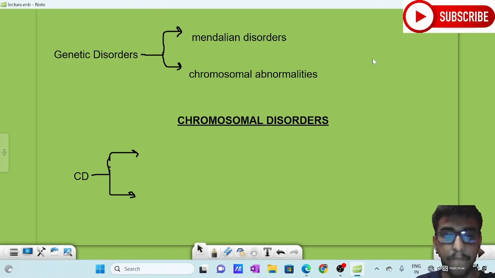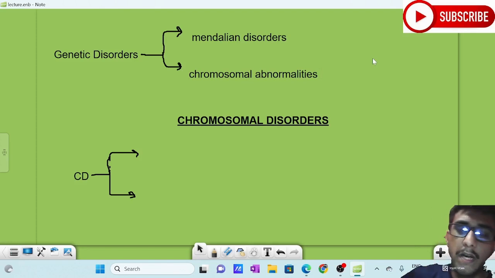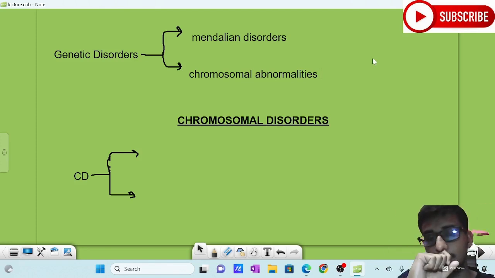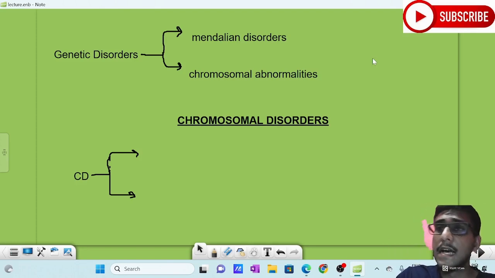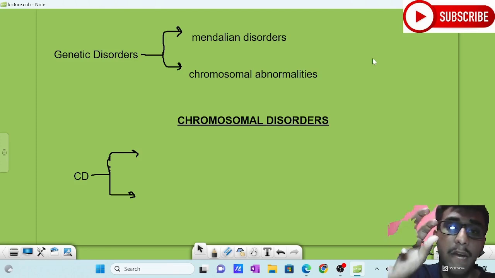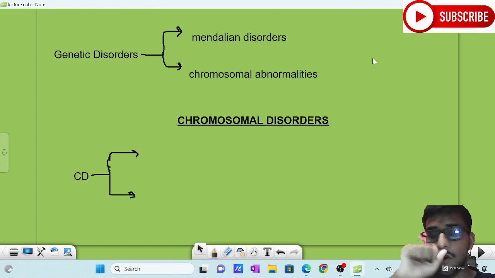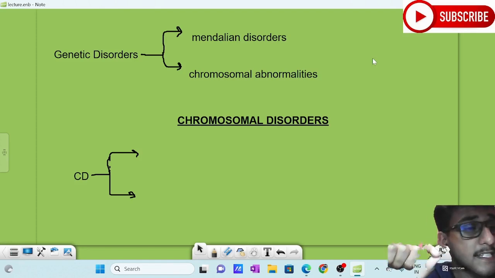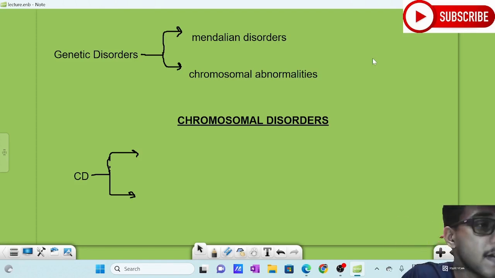Chromosomal disorders are due to a change in the chromosome. What are chromosomal disorders? They are actually either an increment or decrement in the chromosomal number. I will say that chromosomal aberration is the insertion or duplication of a segment of DNA which results in the alteration of the chromosome.